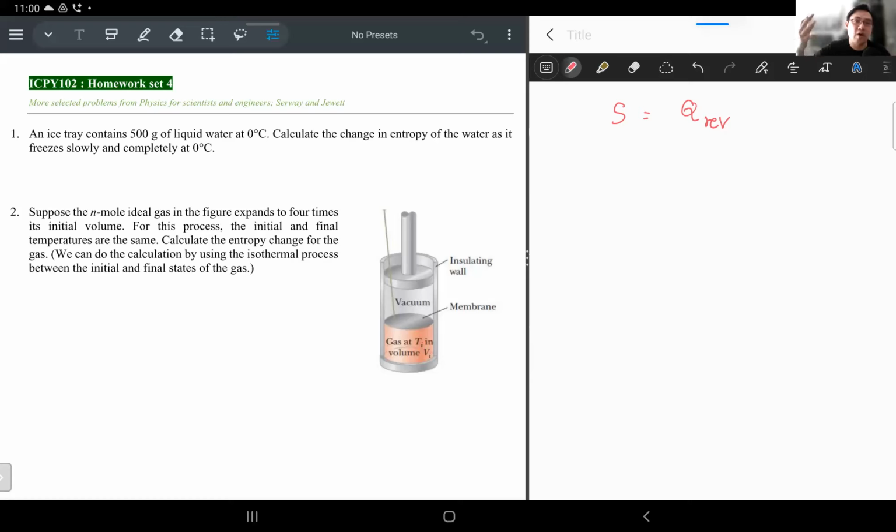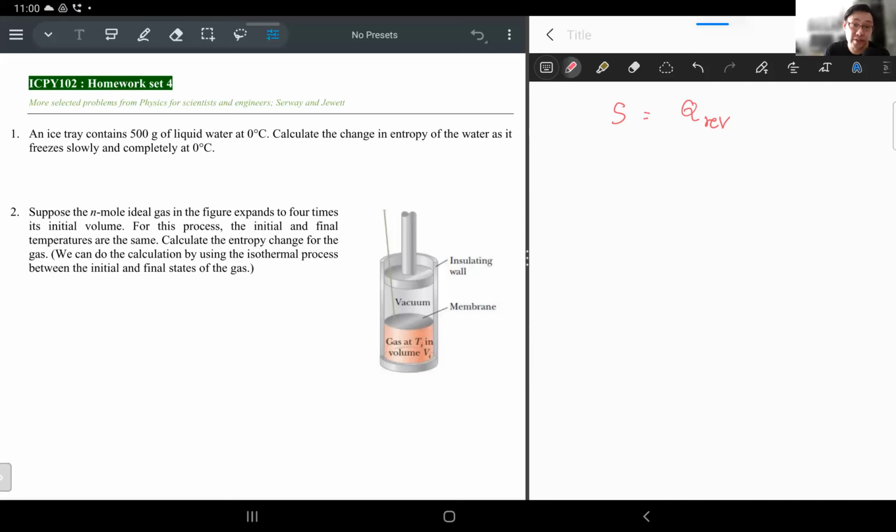It's like something has already been lost, and sometimes you cannot control that loss. So you can only calculate the heat from a reversible process, because that is a manageable heat.